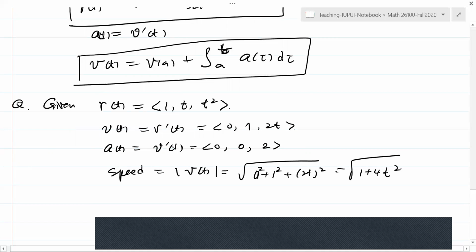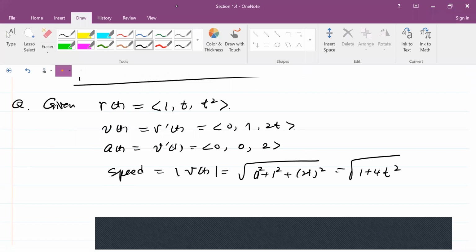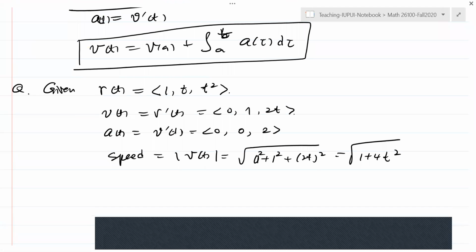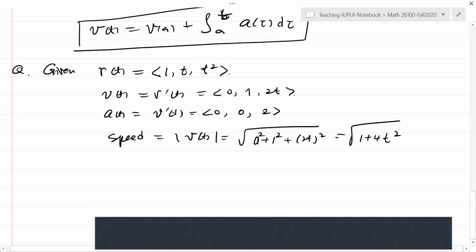So clearly, as time passes, the speed is getting higher and higher. And actually the direction also changes, the direction of the velocity. This is the direction in which the moving object moves. That's all we need to find out.